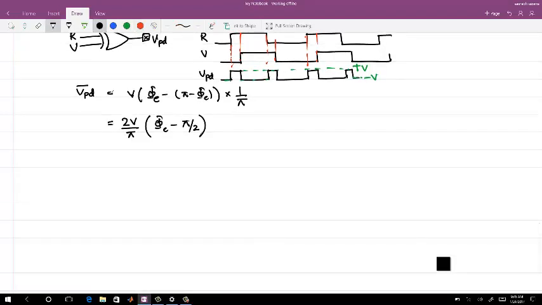Interestingly, this is a digital block, but it gives you a linear phase error detector characteristic. At 0 it is minus V, at pi by 2 it is 0, and at pi it is V. So this is V, this one is minus V, and let me plot the other one.